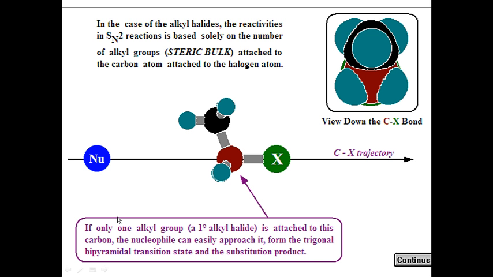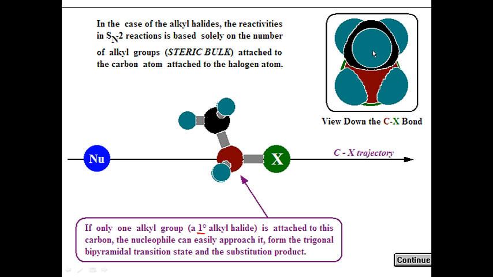In order to rationalize that, we have our nucleophile backside attacking this carbon, which I've colored in red. If you have a primary alkyl halide, you'd have one alkyl group attached to the carbon and two hydrogens. This would be the view of the nucleophile attacking down the carbon-halogen bond, the carbon being in red and the halogen in green.